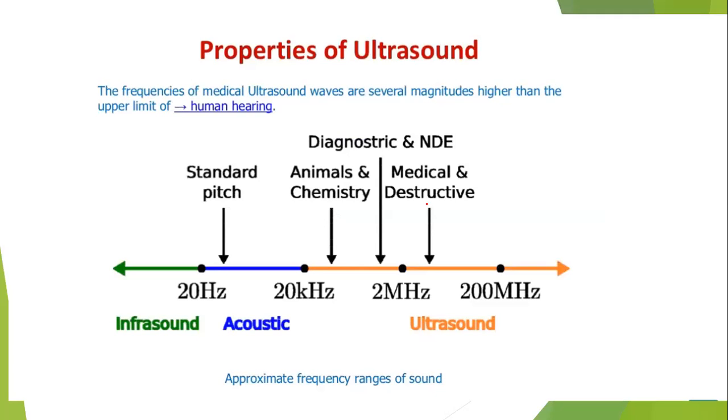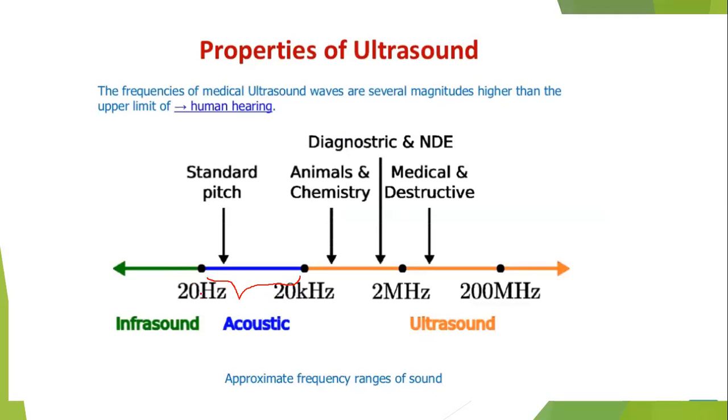The frequencies of medical ultrasound waves are several magnitudes higher than the upper limit of human hearing. That means we cannot hear ultrasound waves, right? Here we have the range of acoustic waves. From 20, there would actually be some supporters that are not shown here.